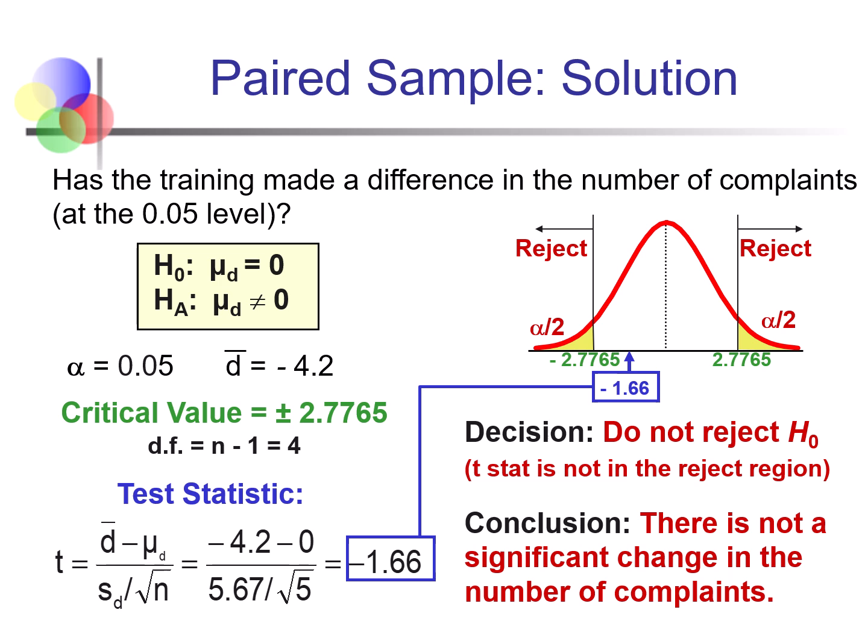That means that the null hypothesis is not rejected. In other words, there is no difference between the number of complaints before training and after training. So in conclusion, there is not a significant change in the number of complaints.